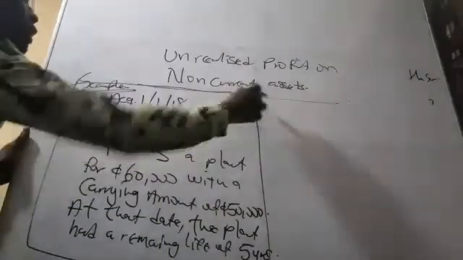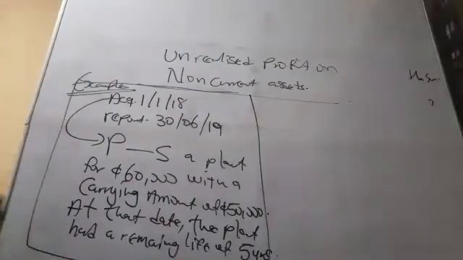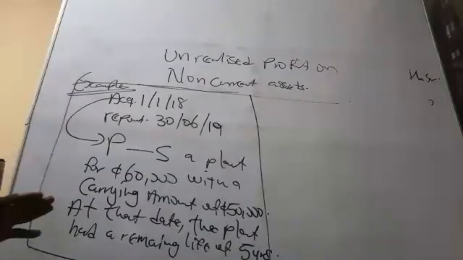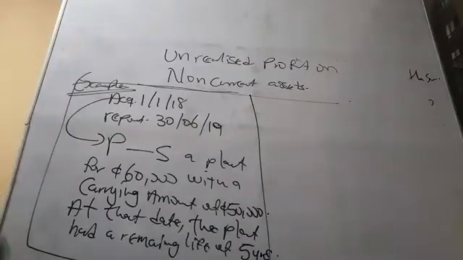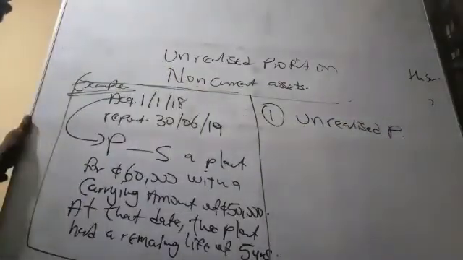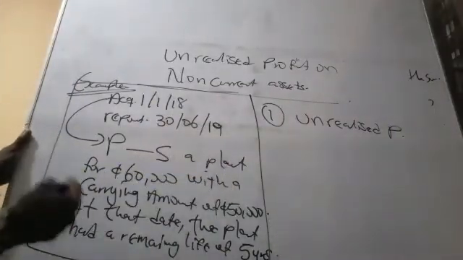Now, accounting treatment. First of all, two things will happen when the parent transfers the non-current asset at a profit. The first treatment, step one: calculate the unrealized profit. The unrealized profit is equal to how much the parent sold the item for versus the carrying amount at that date.